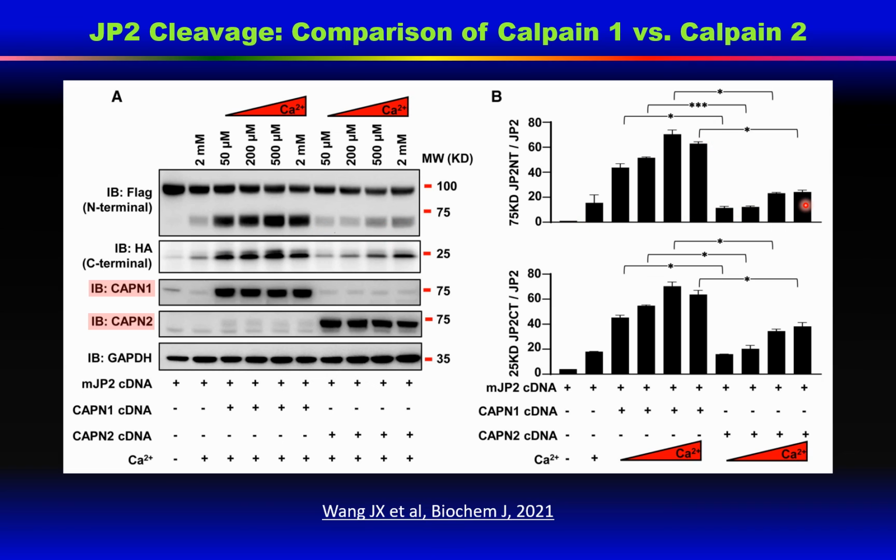However, the cleavage efficacy of Calpain-1 on JP2 is much more robust and more sensitive to calcium than Calpain-2. This data suggests that the efficacy of Calpain-2 cleavage on JP2 is much lower than that for Calpain-1.